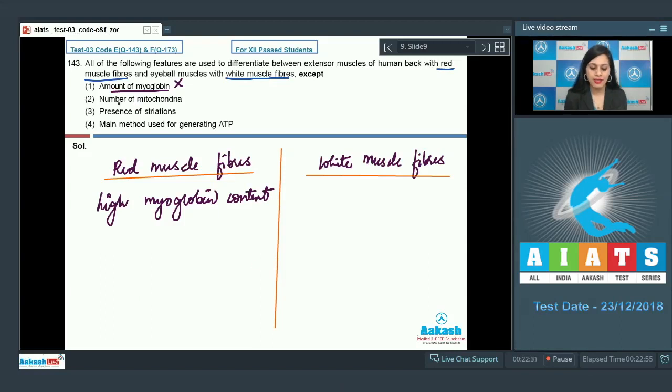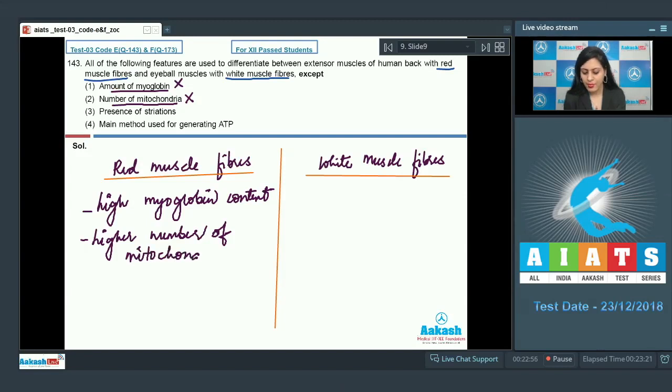The next option given is number of mitochondria, and this is also an incorrect option because based on this also we can differentiate between red and white muscle fibers. A higher number of mitochondria is present in red muscle fibers in comparison to white muscle fibers.